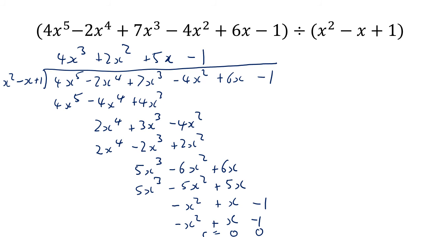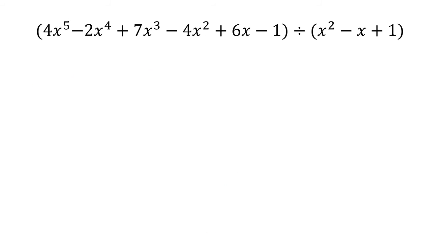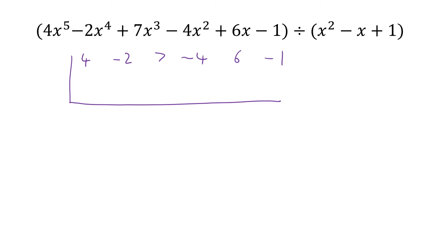Let's do it with synthetic division. I'll have to do a new slide. Synthetic division. So put our coefficients. So we've got 4, minus 2, 7, minus 4, 6, minus 1. And if we look at this, now we're going to ignore the x squared.